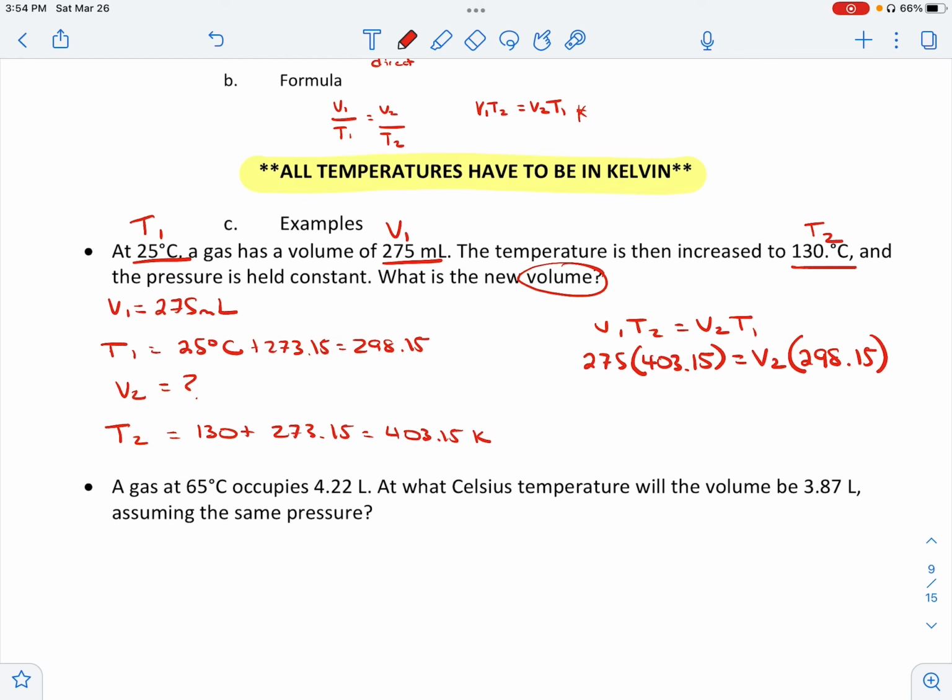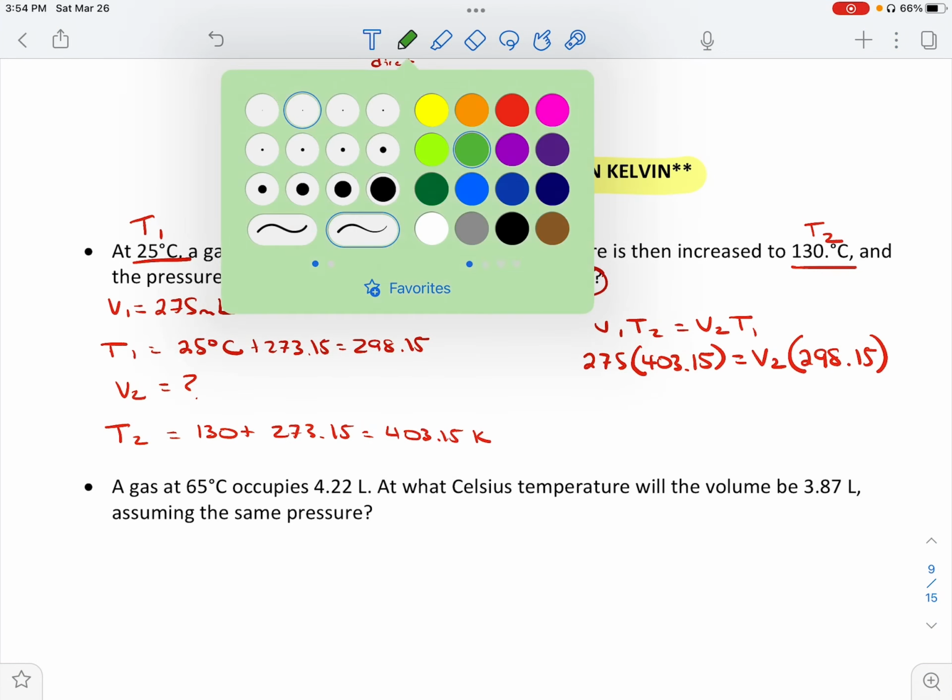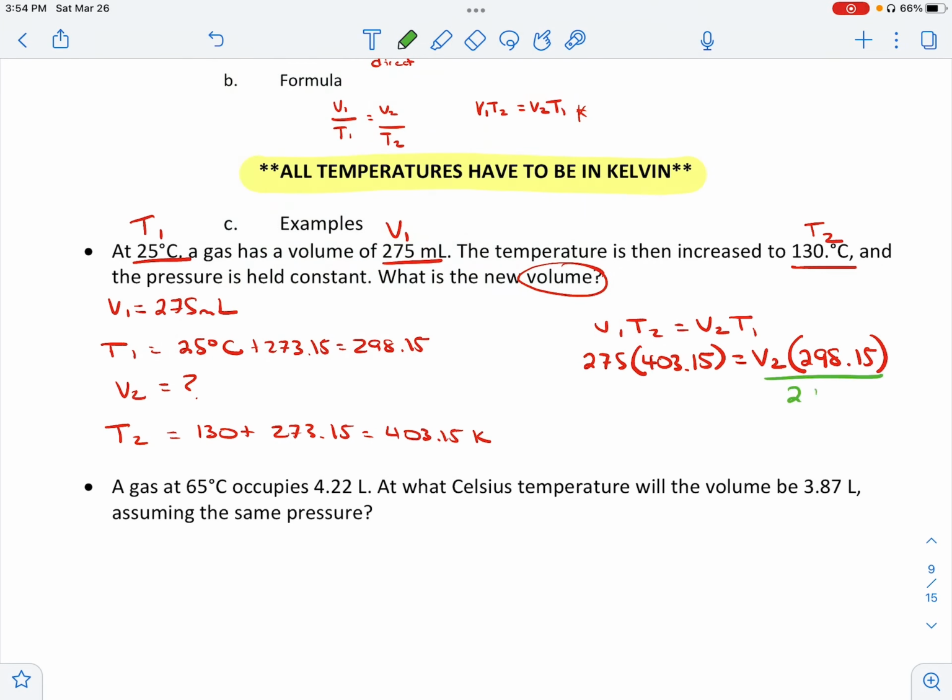Now we're ready to solve for V2. How do we isolate V2? If we divide each side by 298.15, that'll give us V2. So V2 is equal to 275 times 403.15 divided by 298.15, and that'll be our answer.